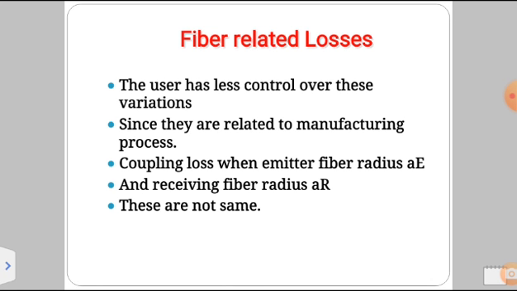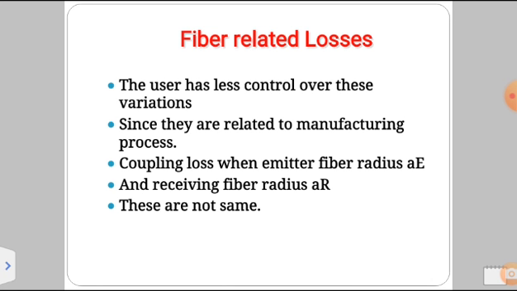The user has less control over these variations. So the user, once he purchases, doesn't have control. These joint losses completely depend upon the manufacturing process, the material technology, fabrication process, design concepts, etc.